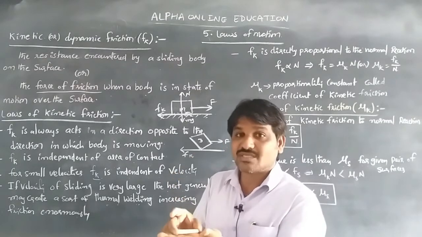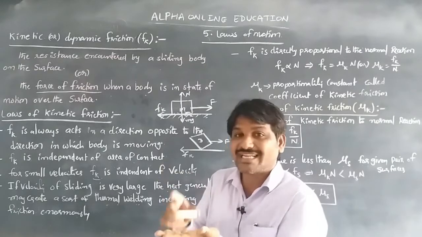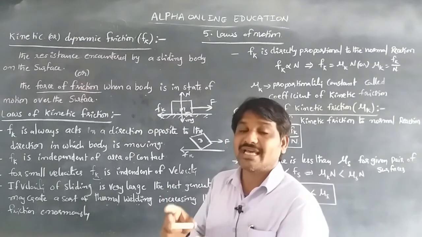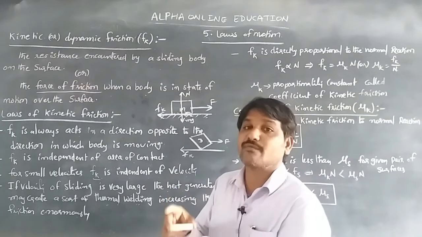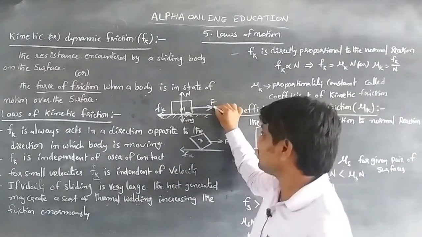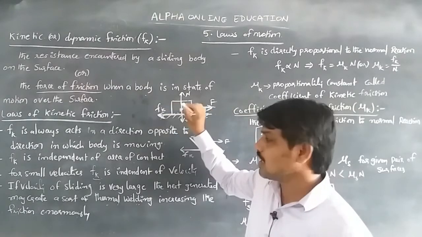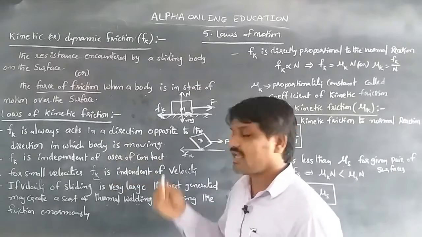The static or kinetic frictional force always acts in the opposite direction to the direction of motion of the body, or the direction of the net external force acting on that body. The force acts in this direction, and the frictional force acts in the opposite direction. It is independent of the area of contact.